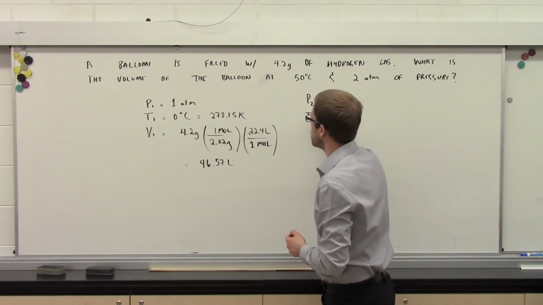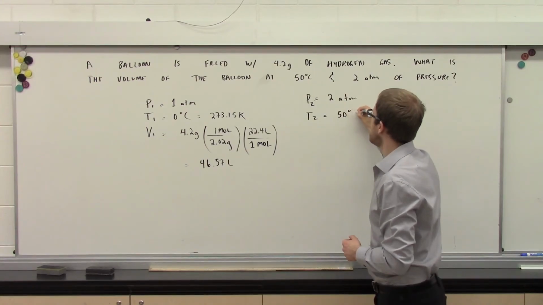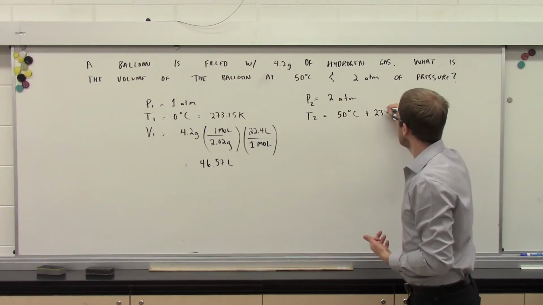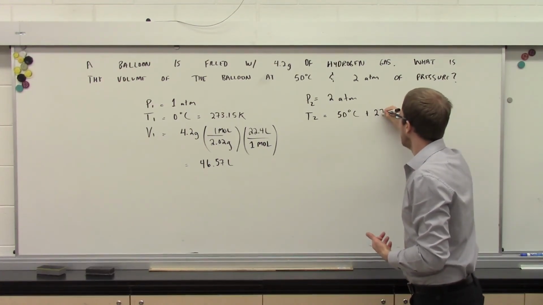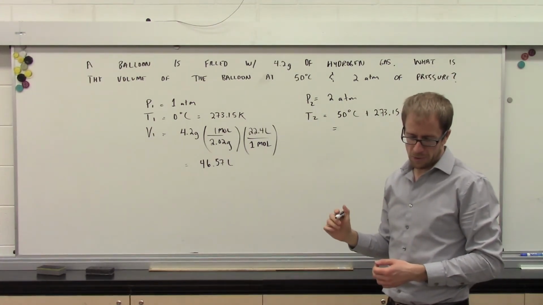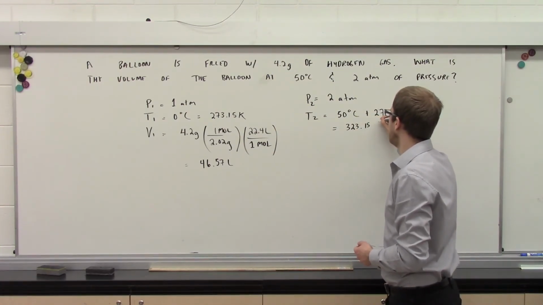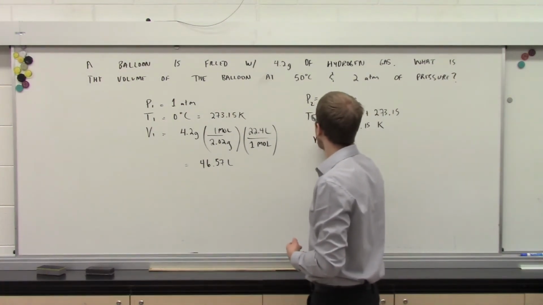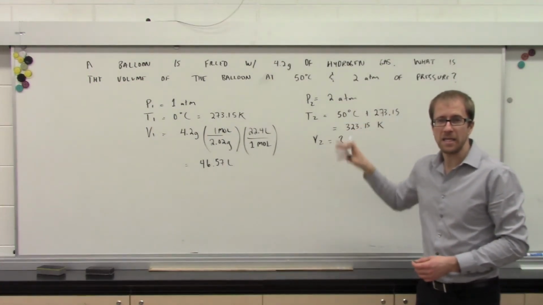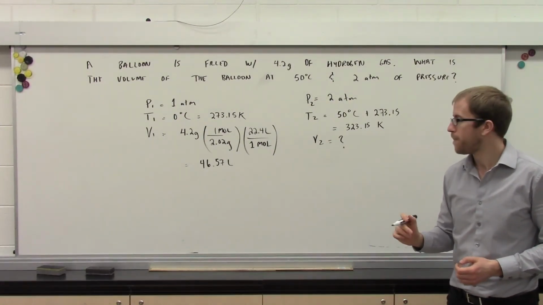And our temperature is going from 0 degrees Celsius to 50 degrees Celsius, which, when we convert to Kelvin, is going to be 323.15 Kelvin. And what are we looking for? Well, we're looking for what is the volume at this pressure and this temperature.